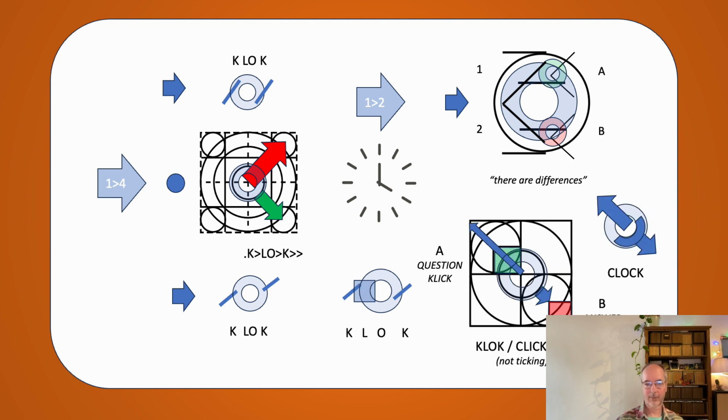The clock itself is like the clicking in each other, you can recognize, but the first K breaking point and the next breaking point are somewhat at a distance from each other. There's a difference on the inside or the outside, so that in a way, if you have a clock, it's the clicking in each other of two different rhythms. As you can see, there are two different rhythms in there, and that is how we perceive the clock.